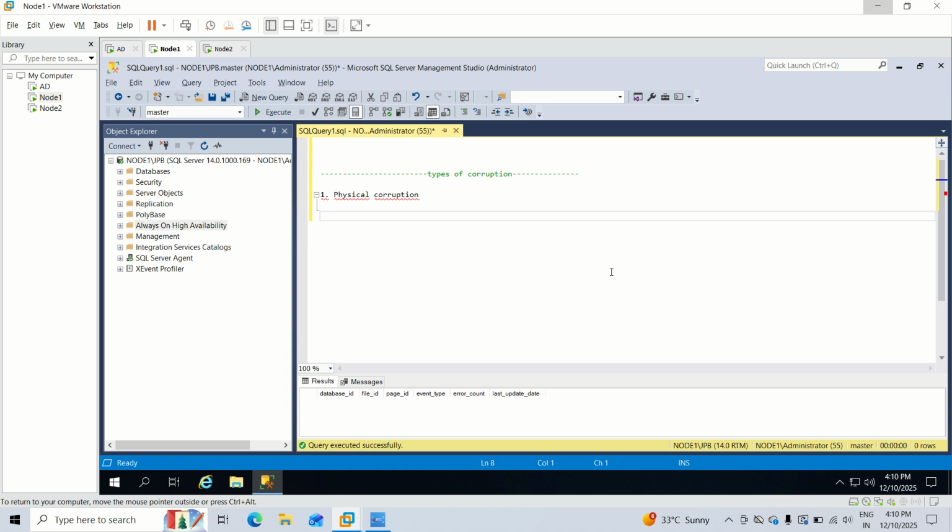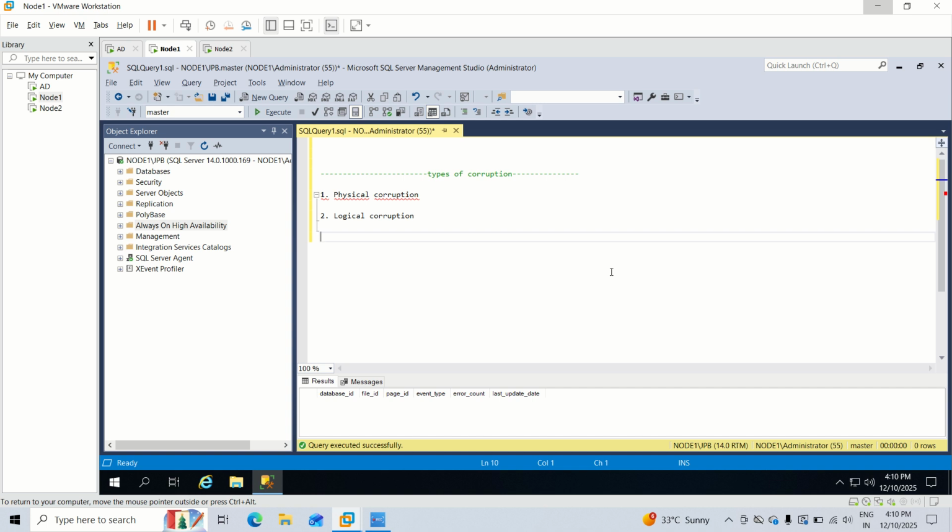Second one is logical corruption. Logical corruption means the data is physically okay but logically incorrect. Some causes are SQL Server bugs, incorrect writes, improper shutdown, and inconsistent metadata.